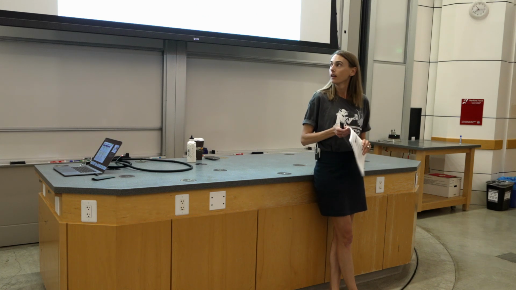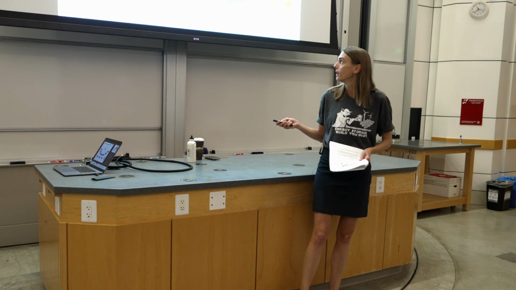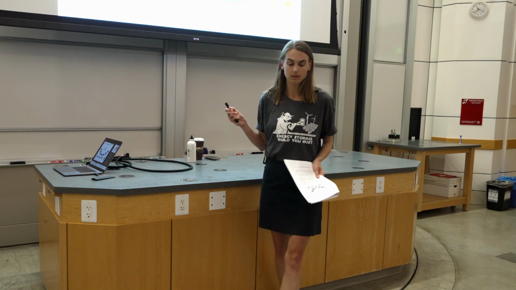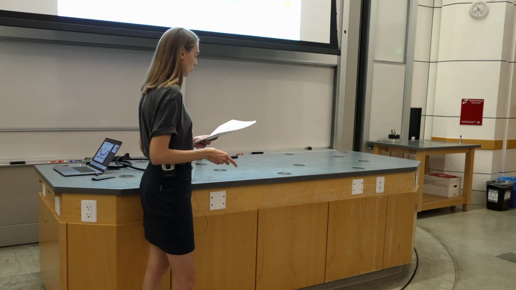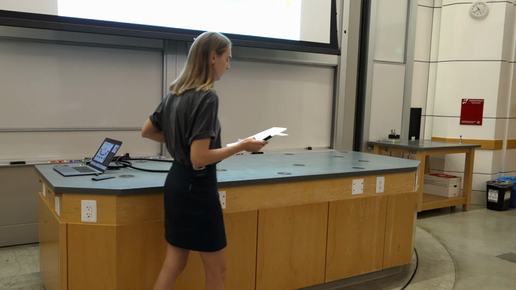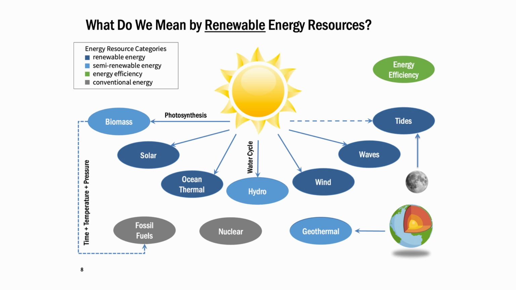So lots of variability. Let's dig into some of these characteristics and categories for how we might define renewable energy. So typically, when we think about renewable energy resources, we think about the resources shown in blue on this slide. Their origins largely come from the sun, with two exceptions, geothermal and tides.